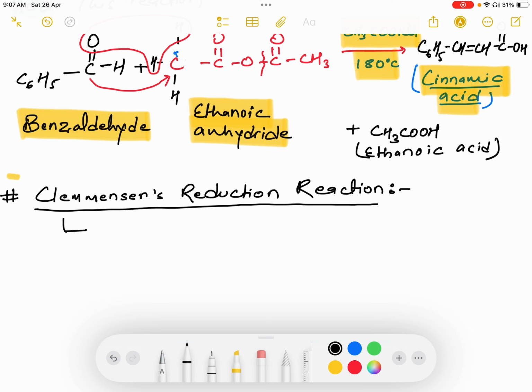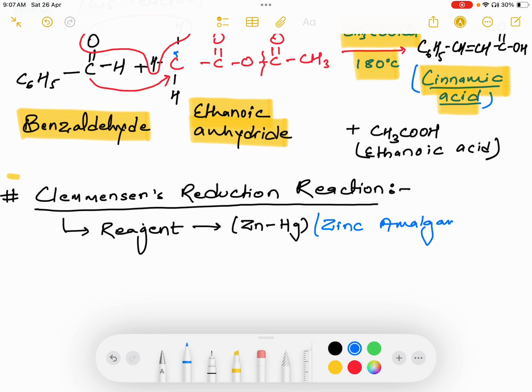Its reagent is zinc amalgam, that is ZnHg, and the reaction takes place in the presence of conc. HCl.